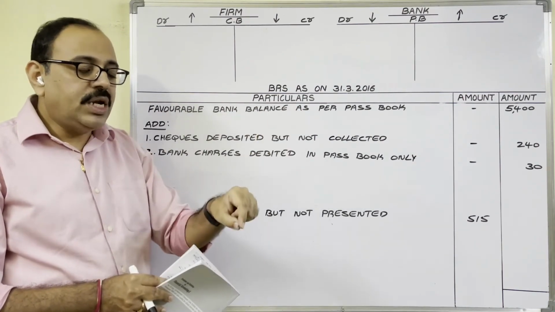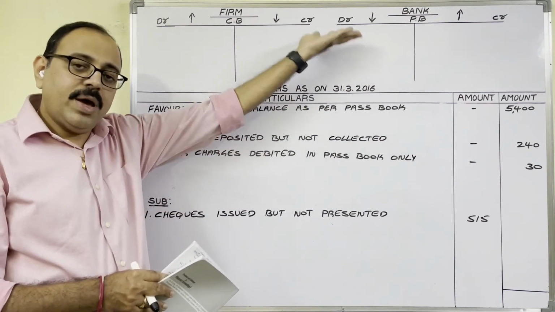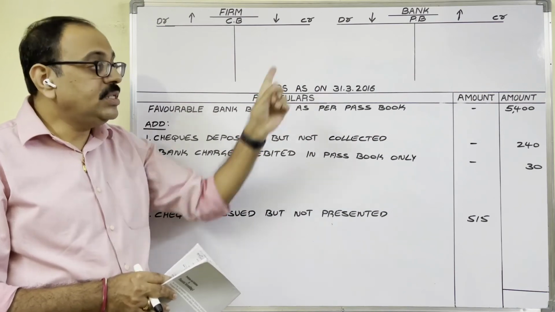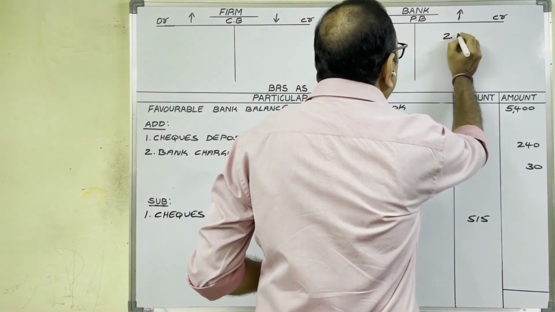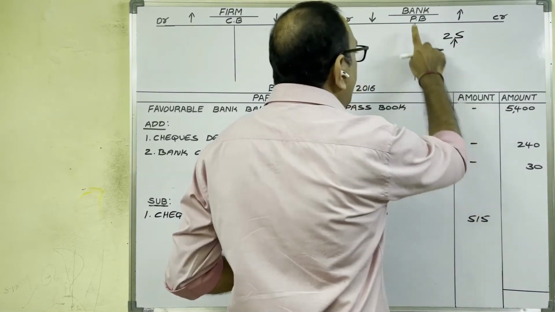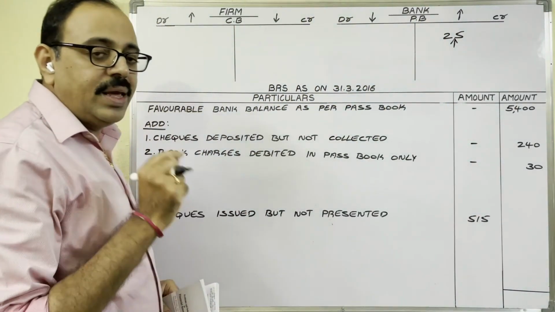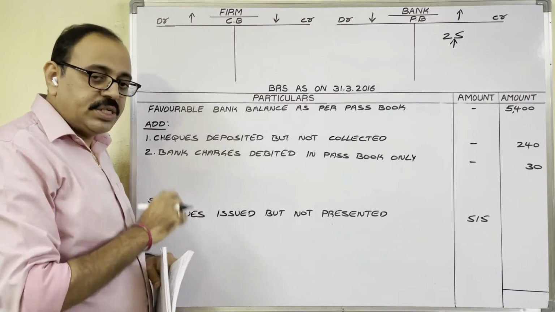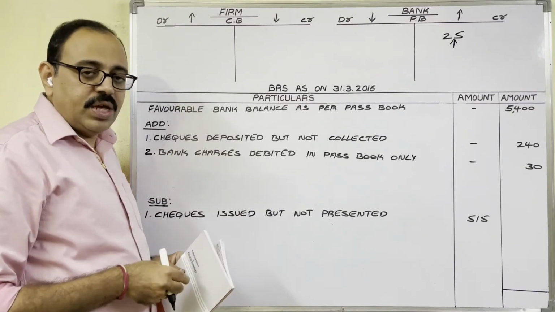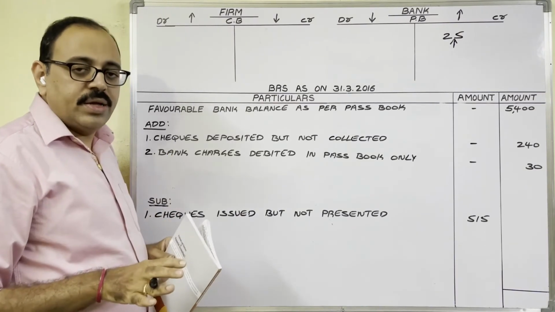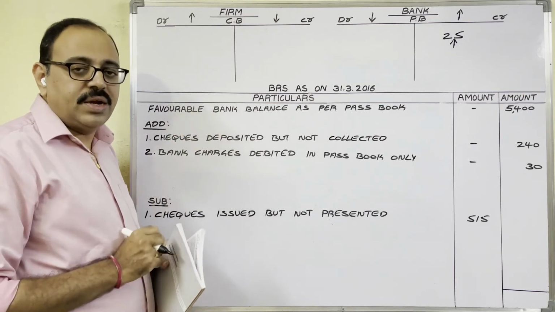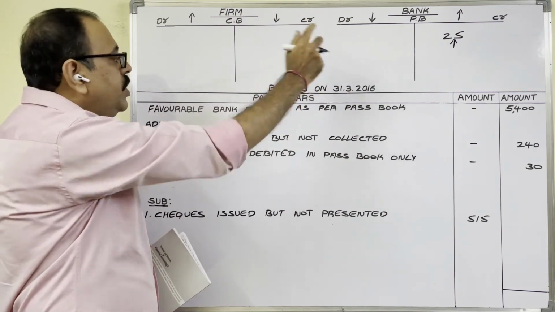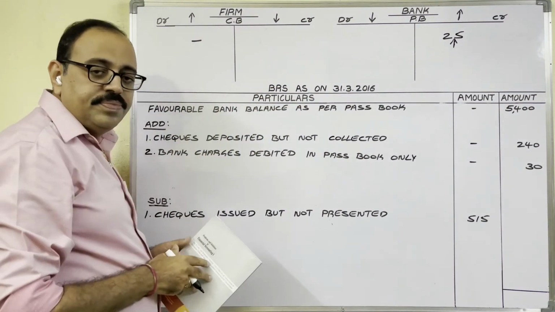So bank deposits that amount in our account. Our bank balance increases. Increase means credit side. So in passbook, 25 rupees was credited. In passbook, credit side means in cash book it should be debit side. But the question is clearly giving that in cash book it is not recorded. Even though that information is not there in the question, we should understand, because if recorded in one book, it means not recorded in the other book.